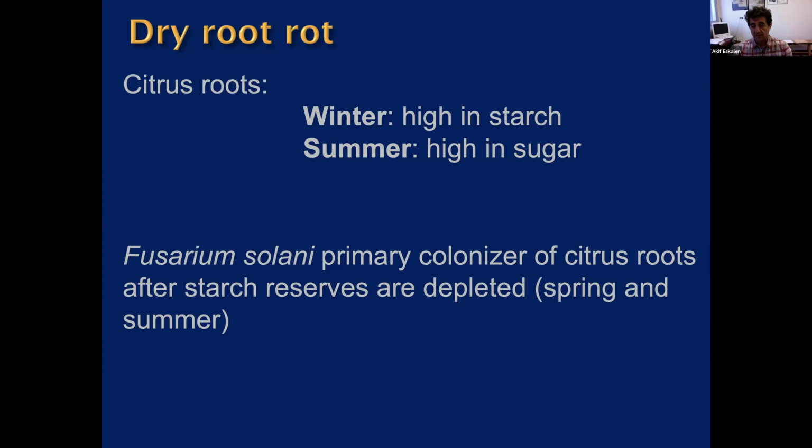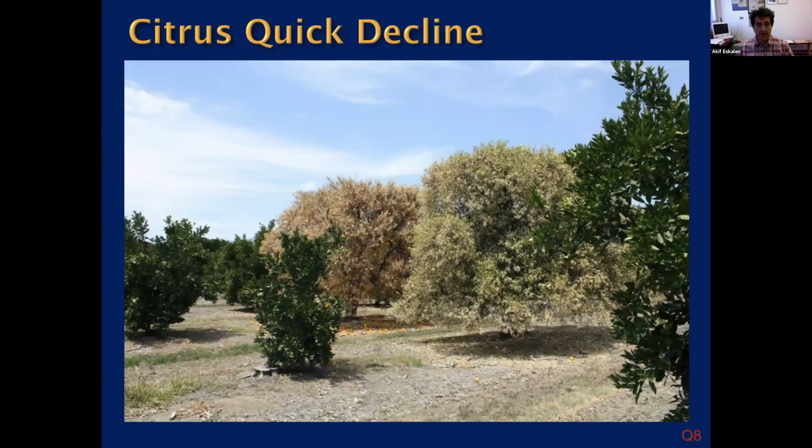Therefore, it makes the roots susceptible to the Fusarium solani that has been waiting for an opportunity to get into the plants. That's what is happening. So that combination of the right condition with the right pathogen within the soil caused the citrus quick decline.